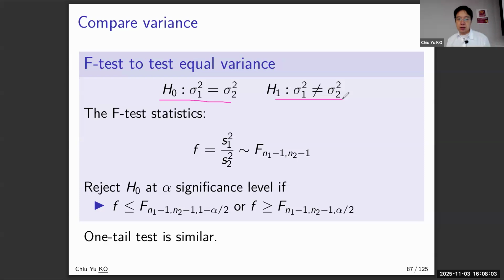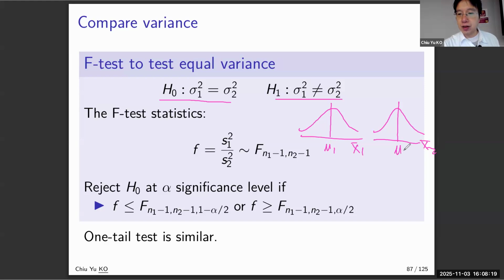If you remember, there are two bell curves, x1 bar and x2 bar, with mu1 and mu2, and variances sigma1 squared over n1 and sigma2 squared over n2.